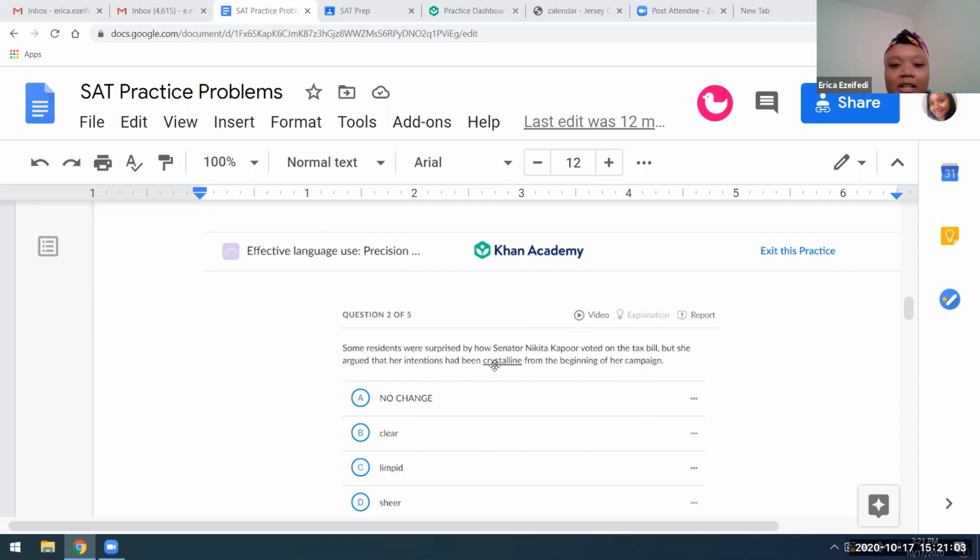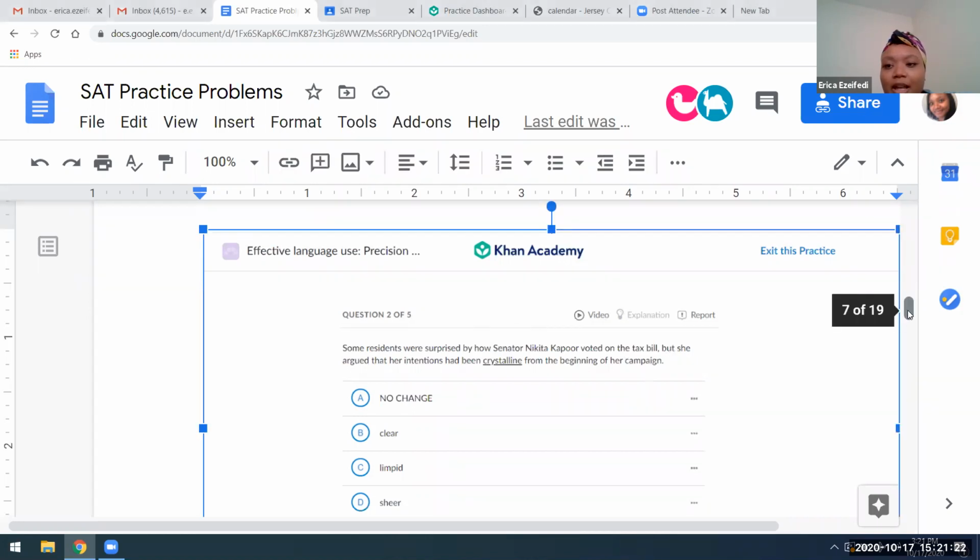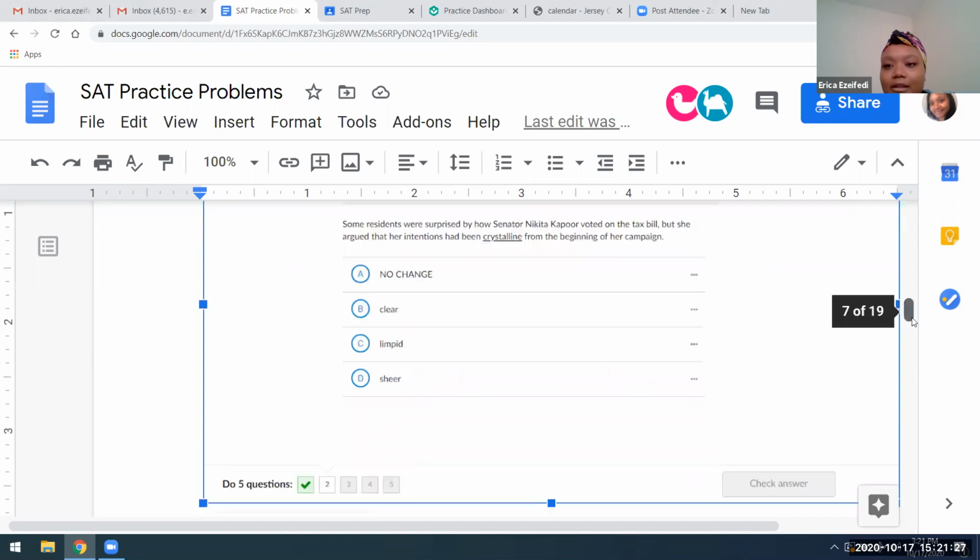So if people are surprised by how she acted, and then we have the word but here, what follows after this word but should be something that says that they shouldn't have been surprised. And we know that just by reading the word but.